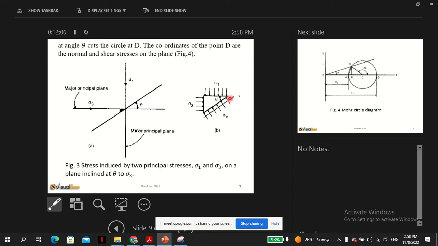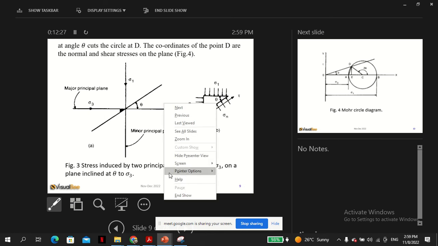So there is a resultant that is oriented at theta to the horizontal, or to the major principal stress. Now on this plane, it can be proven that there is a normal stress and a shear stress.